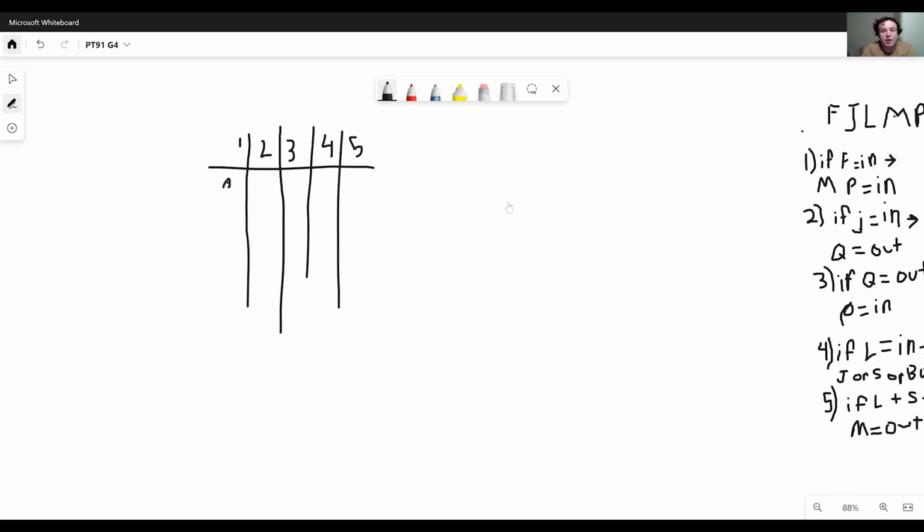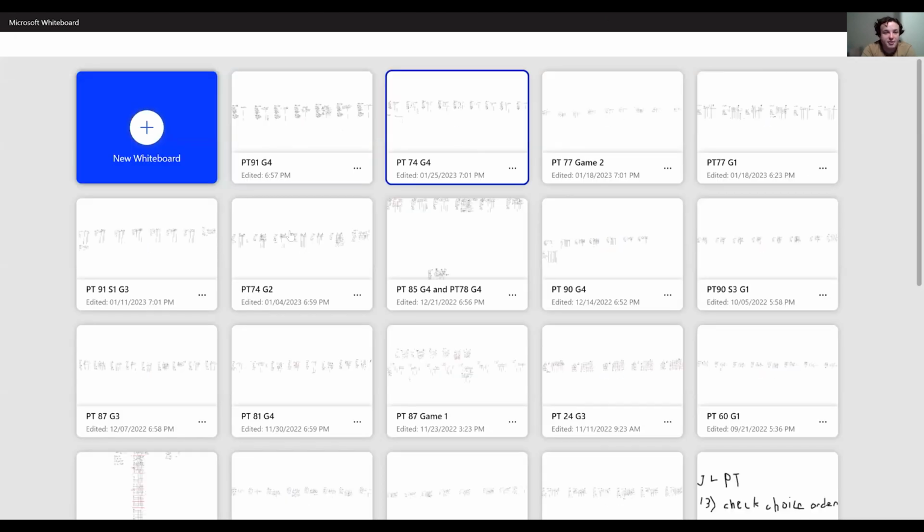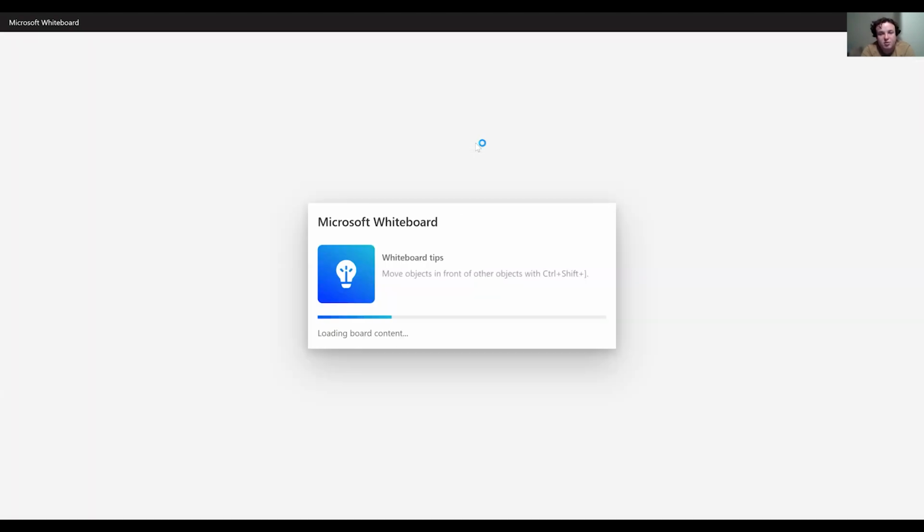Let me see if I can pull one up real quick. There's a lot here, so let's see if I can pull one where it's just a straight ordering. Last week it was a combo, but just to showcase the last tip I have in general. If you want to try it, no rush, but I think it helps me make all those deductions pretty easily.